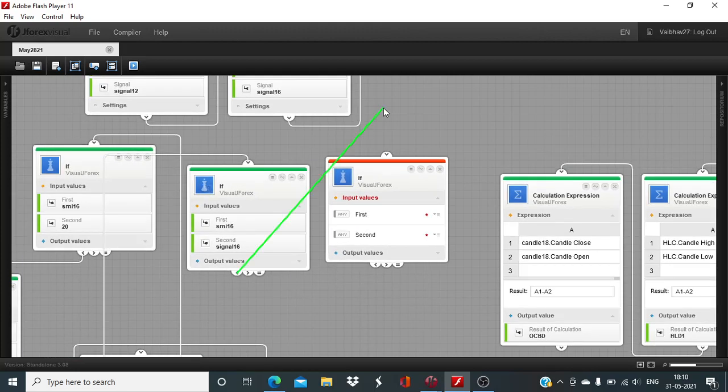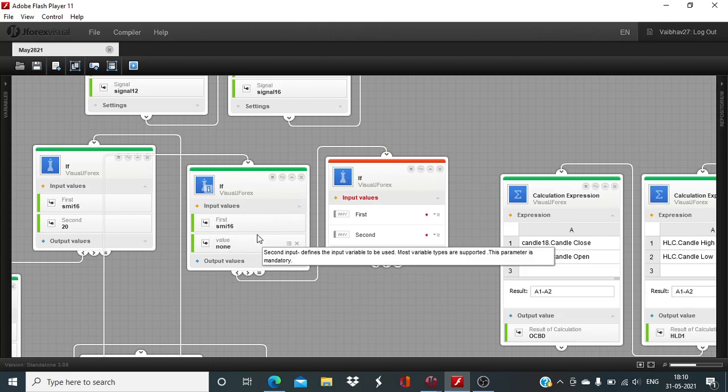First input less than second input, SMI 16 is less than signal 16.